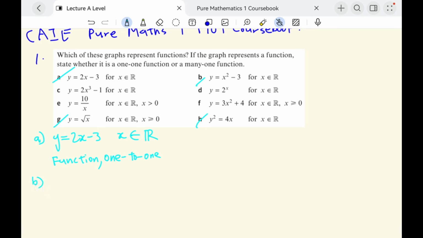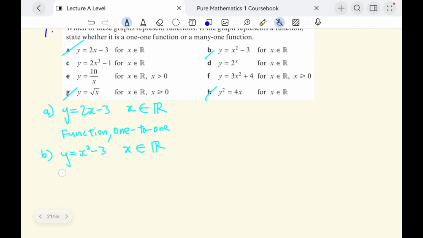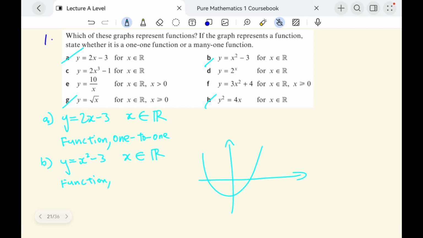So let's take a look at B. B is a quadratic, y equals x squared minus 3, also for x a subset of all real numbers. And it is obviously a function. If you sketch the graph, your quadratic graph should look like this. And what is the type of its function? When you draw any horizontal line, you can see that for the same range, it has a different domain.